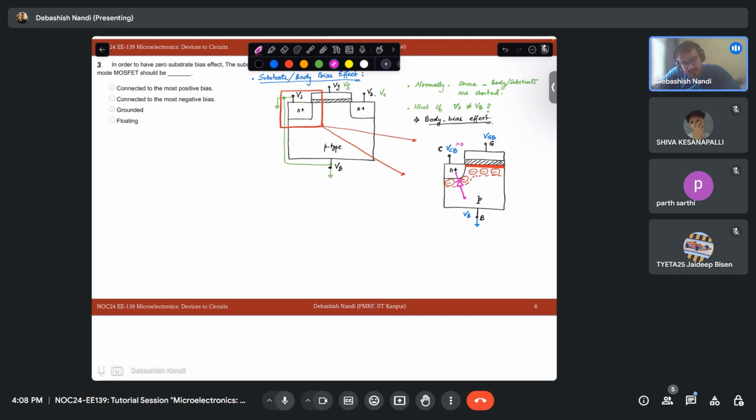You have a PN junction diode and a MOS device sitting together. If you note this very carefully, you can see two regions of operation. Let me just bifurcate this.